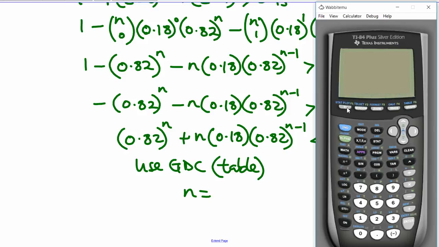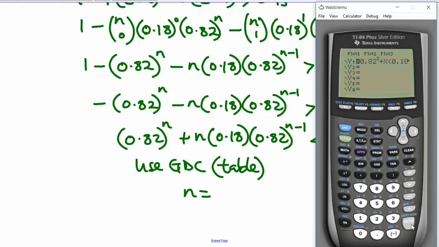I'll go to y equals, and what I'm going to do is plug in this function, the one on the left: 0.82 to the power of x plus x multiplied by 0.18 multiplied by 0.82 to the power of x minus 1. I think I have everything.